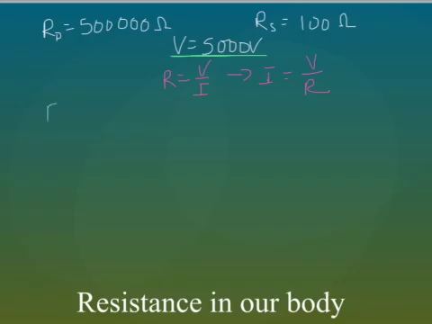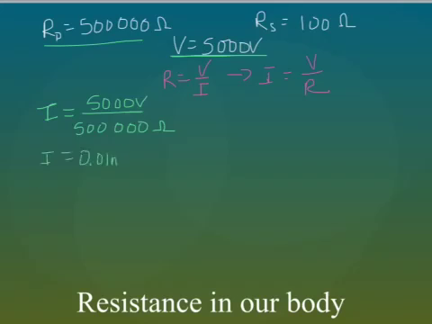My current is equal to 5,000 volts divided by, in this first case, our dry skin of 500,000 ohms. When I solve that, I end up with current being equal to 0.01 amps, which is 10 milliamps.